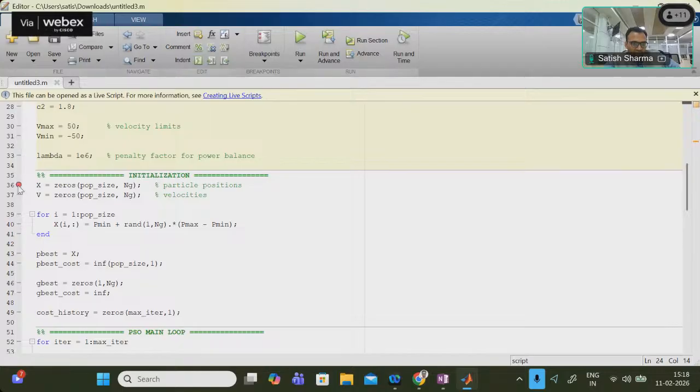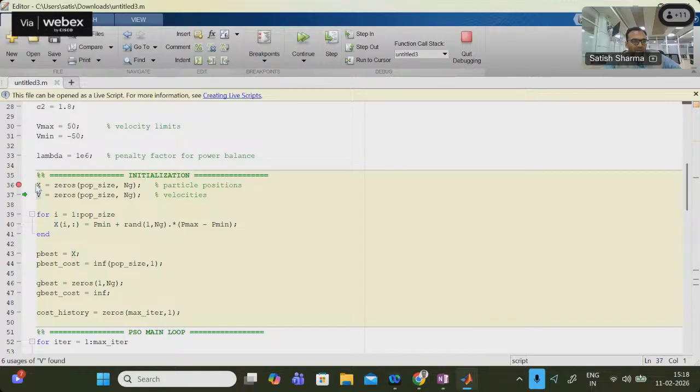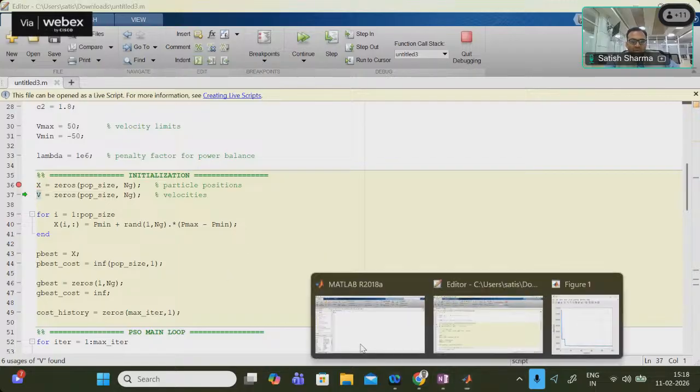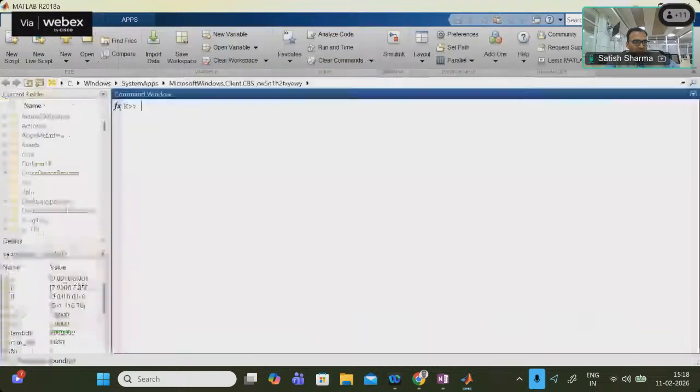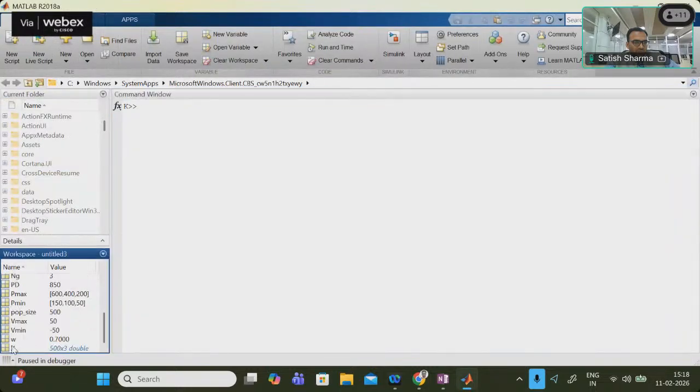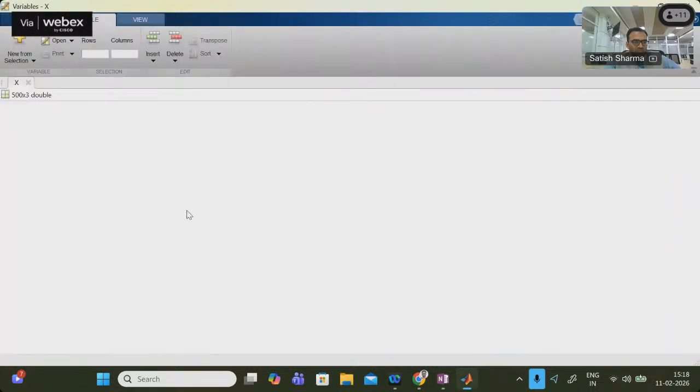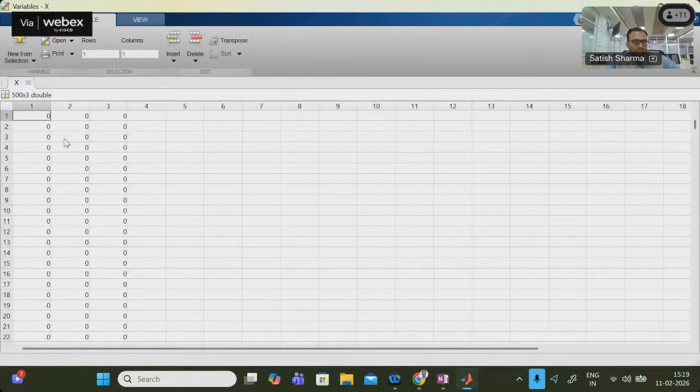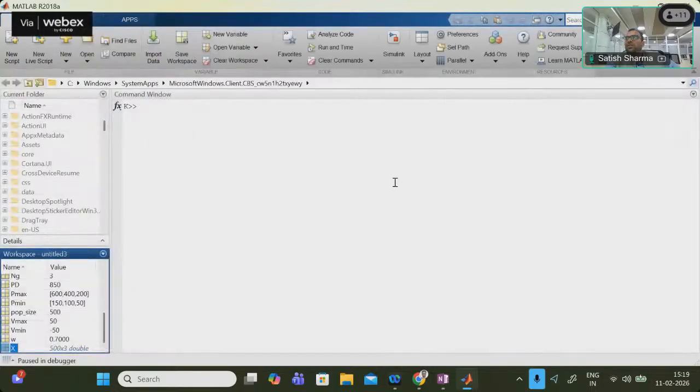So if I look at these x values, it will give me 500 by 3, and let me see what values it is creating. Okay, some initial zero values have been created. So three variables are there.